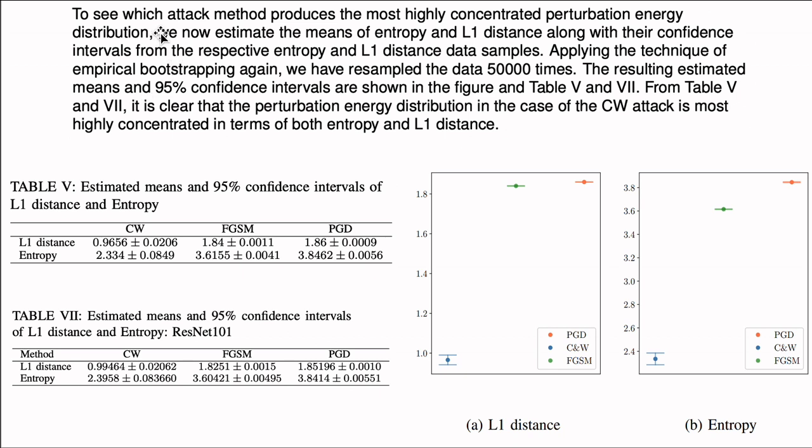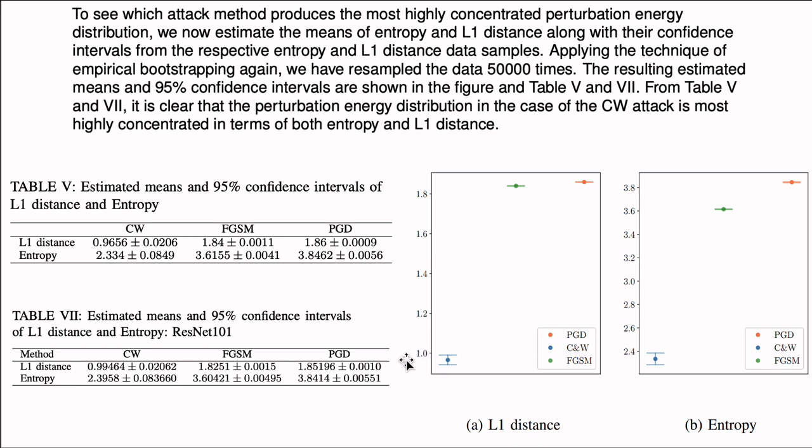To see which attack method produced highly concentrated perturbation energy in the DCT component, we applied the same technique of empirical bootstrapping with a resampling of 5,000 times, and the resulting estimated means and the 95% confidence interval are shown here.